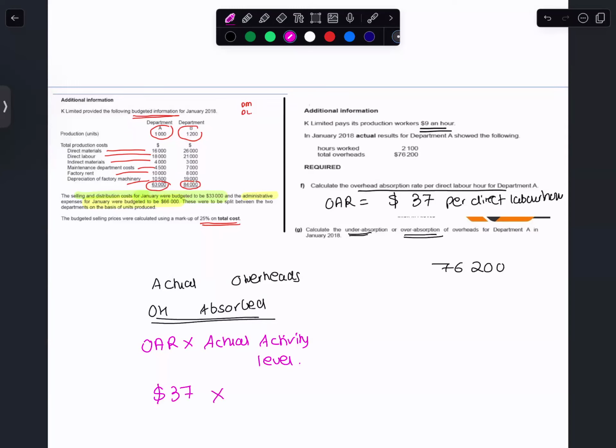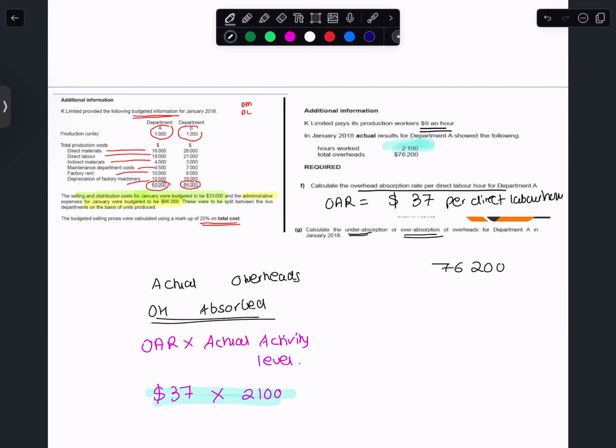Actual activity level is? Actual activity is 18,000. Oh, okay. What is activity level? The labor hours, right? Yeah.